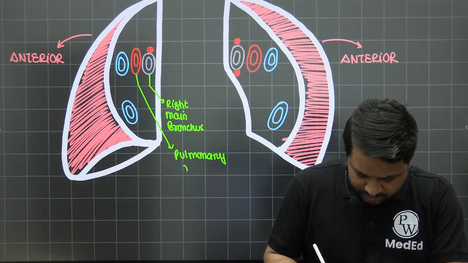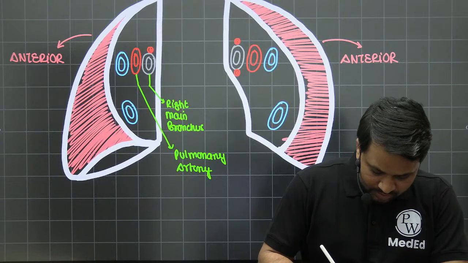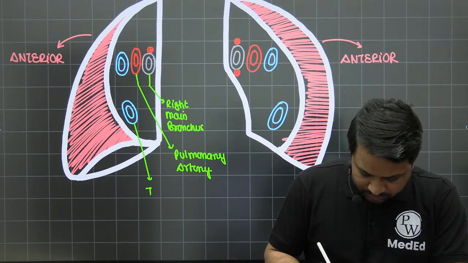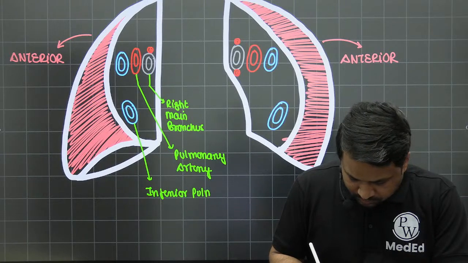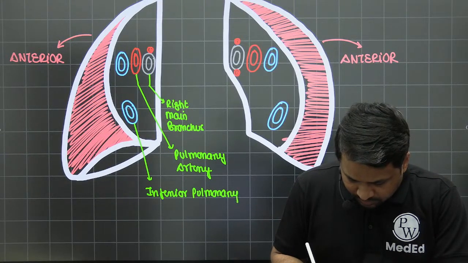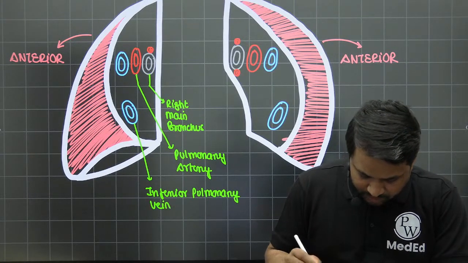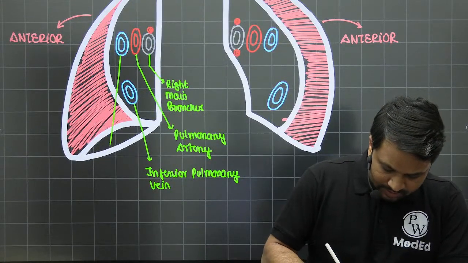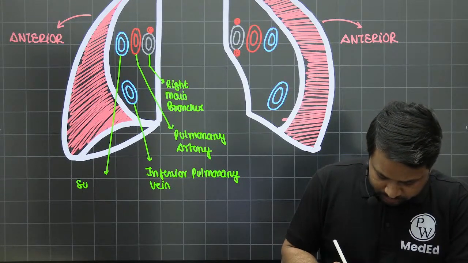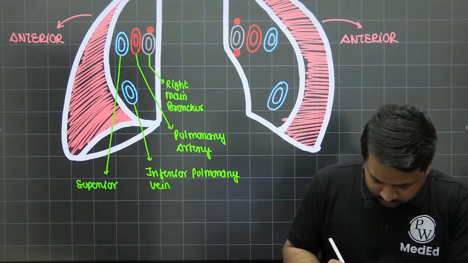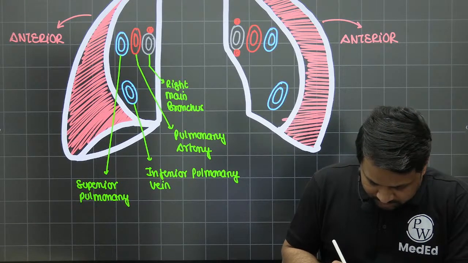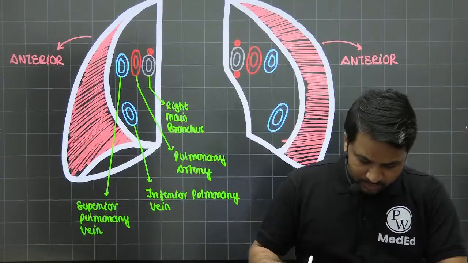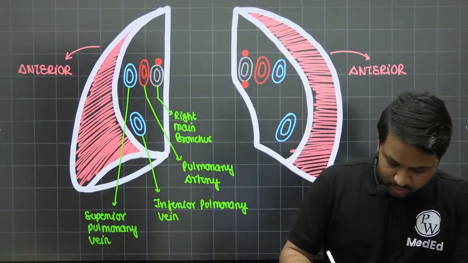This is your inferior pulmonary vein. This is your superior pulmonary vein, and this is your bronchial artery.